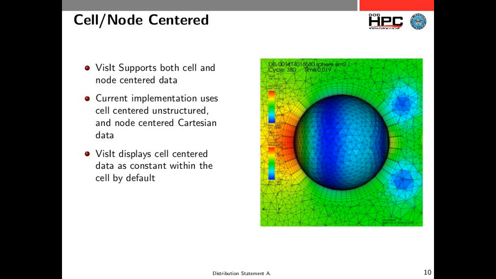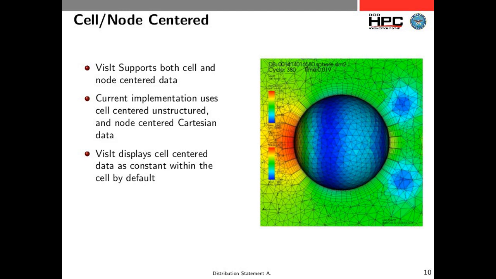One of the other nice benefits for us, especially for debugging, is we have a cell-centered code for the unstructured solver, and Visit can support that natively. When you give it your data, you tell it whether it's node-centered or cell-centered, and then pass it the appropriate data.